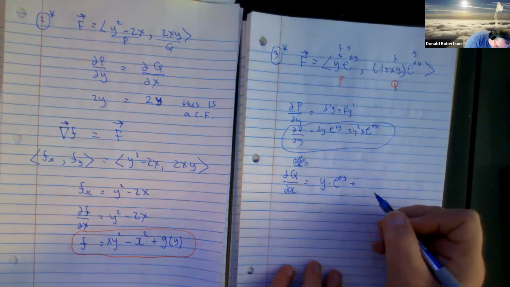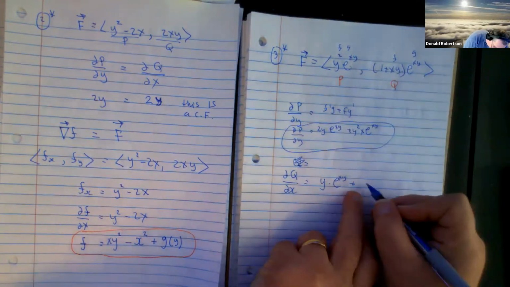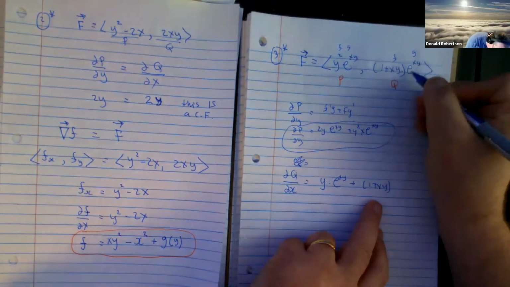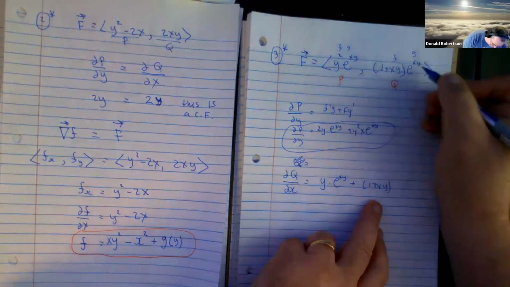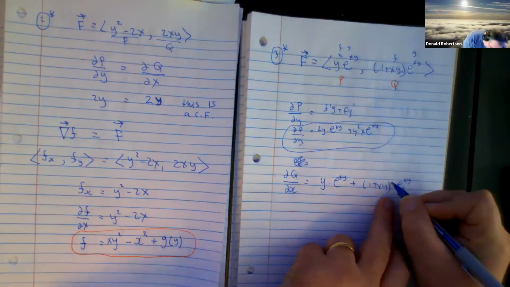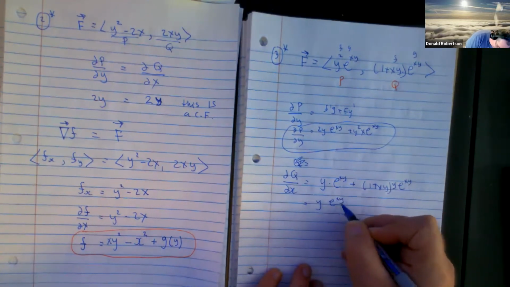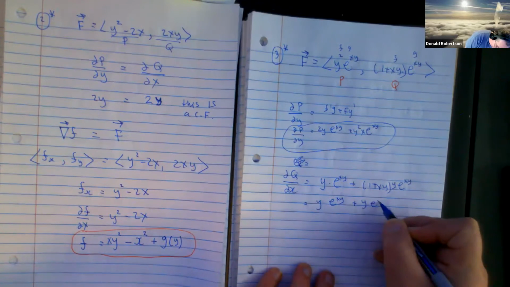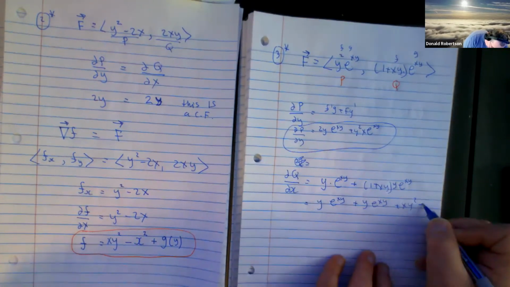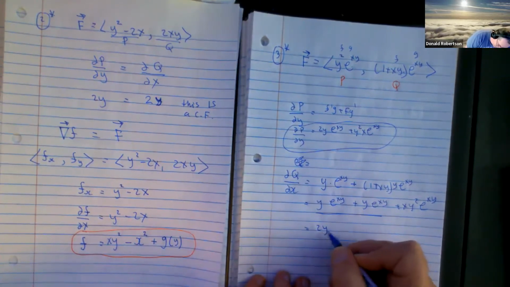Plus, you leave this guy alone and you differentiate this guy with respect to x, and you will get e to the xy times a y. So I have this guy, I have this guy, and I have this guy. And these two are the same, so we can combine them.